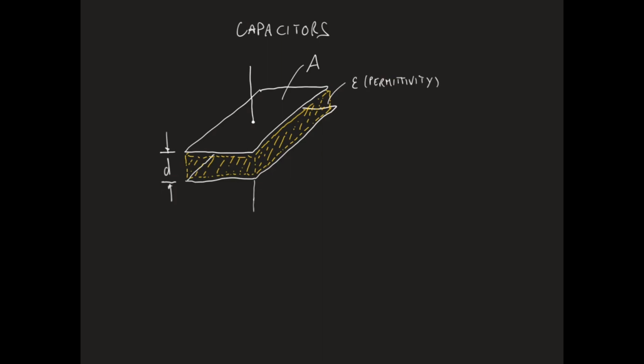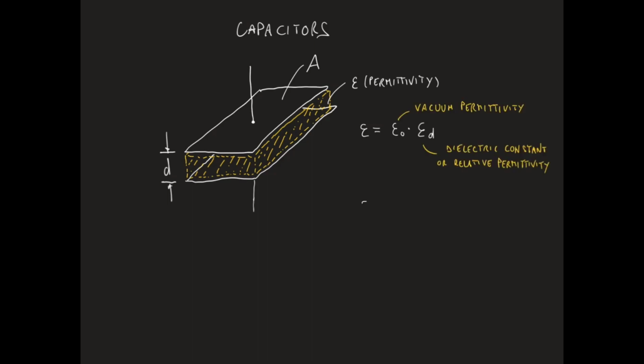The permittivity epsilon is given by epsilon 0, which is the vacuum permittivity, times epsilon d, which is called the dielectric constant or relative permittivity.